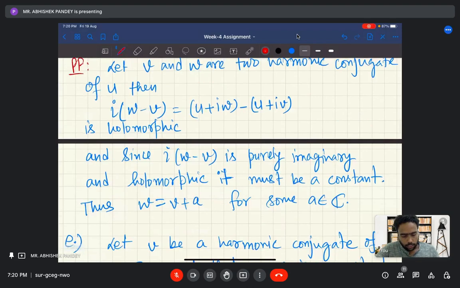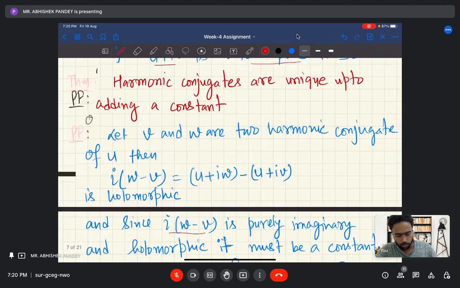So then i(W minus V) is equal to (U plus iW) minus (U plus iV). So this is holomorphic because it is the difference of two holomorphic functions. And since this is purely imaginary and holomorphic, it must be a constant. Thus W equals V plus A for some A belongs to C. So this is also not true.